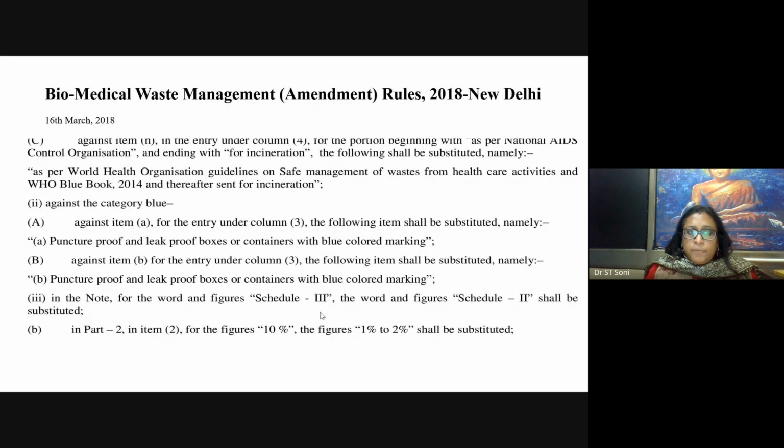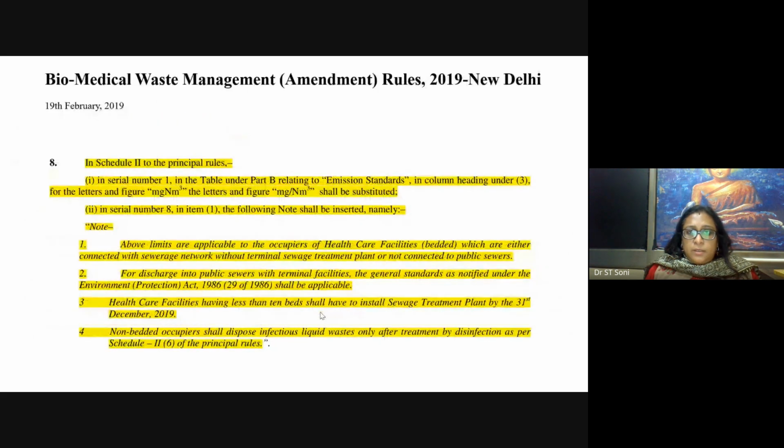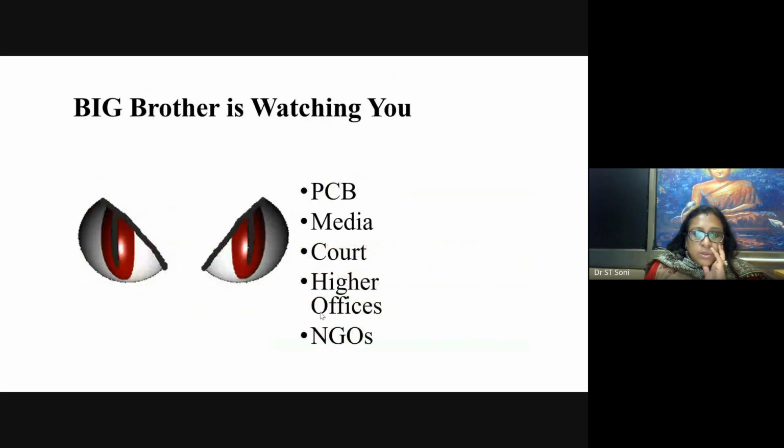In 2019, they changed the discharge into the public terminal facility. For liquid waste management, some amendments came: the non-bedded occupier shall dispose of liquid waste into the sewers only after treatment.